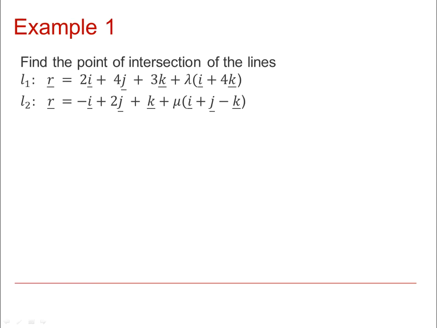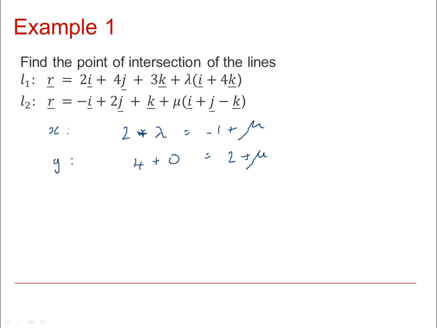Looking at our equations, if we look at the x values, then in equation 1 we have that 2 plus lambda for L1 must be equal to -1 plus mu for L2. The y value gives us that 4 plus 0 must be equal to 2 plus mu in L2.